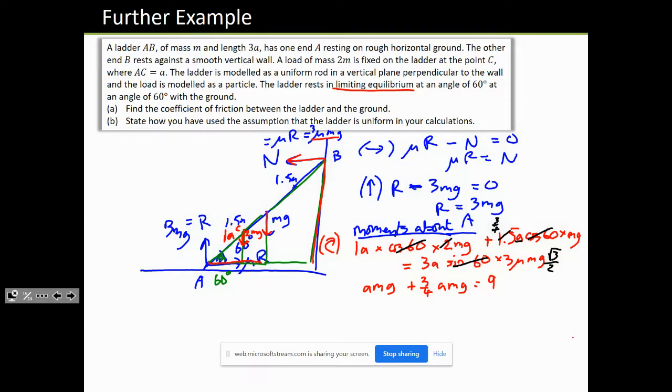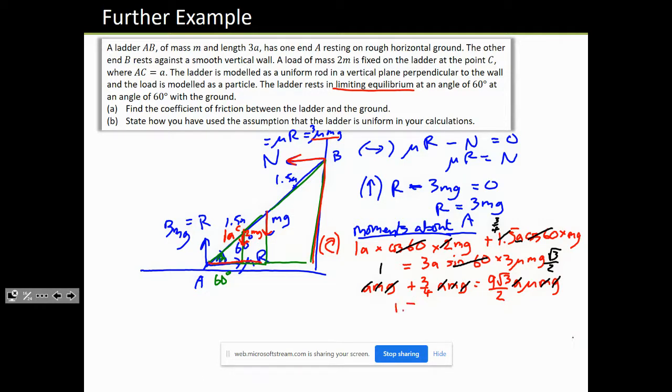So 9, I've also got root 3 over 2, and then it was a mu mg. At this point, you can see every term has m, every term has g, and every term has a. So this just cancels out to 1 here.